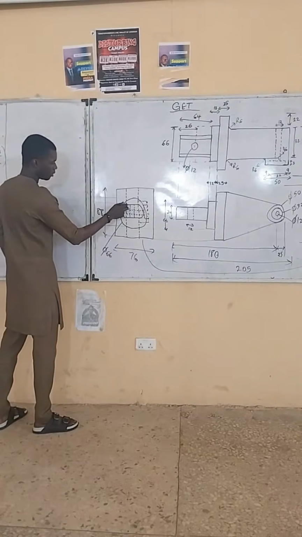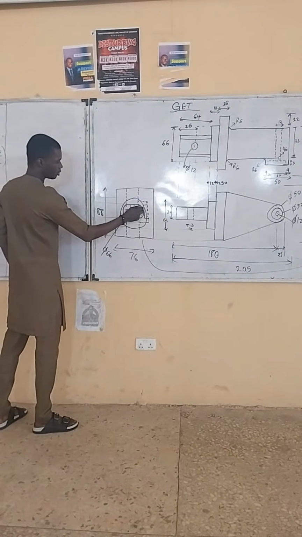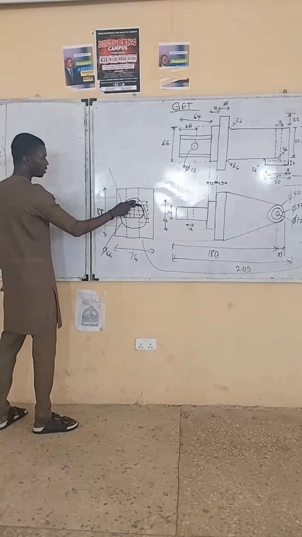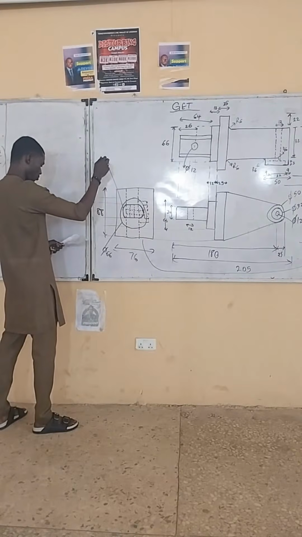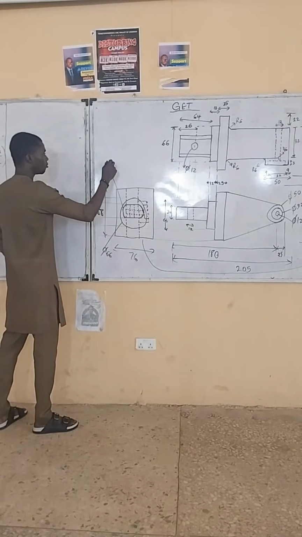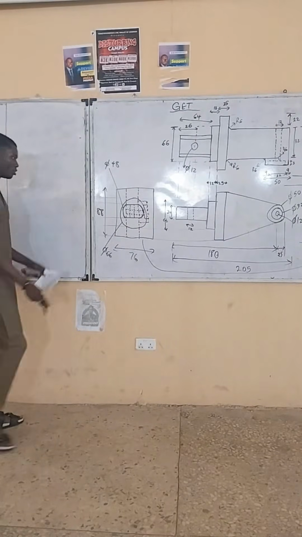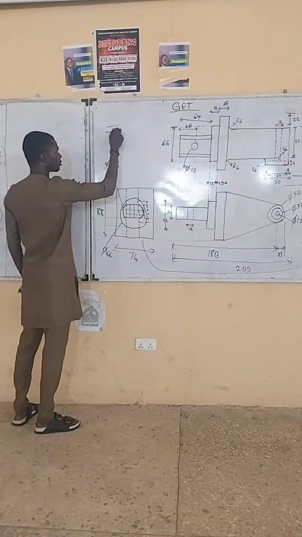Now there's a curve here, and there's a curve here. So this curve and this curve give us a circle. So that's the diameter of 48. And we see how we can draw it. What you have here is something like this.